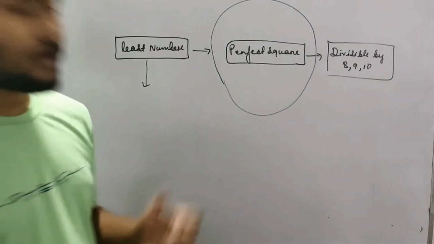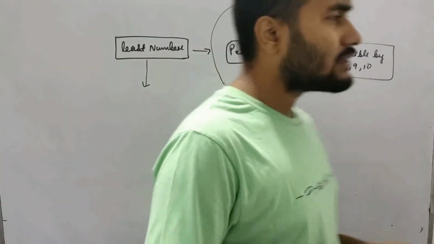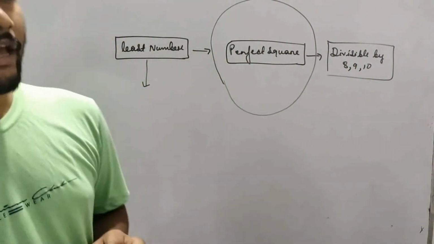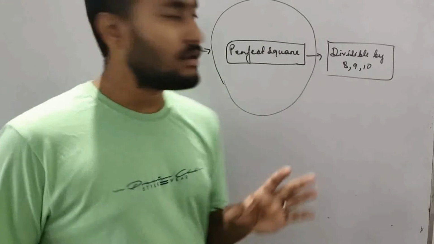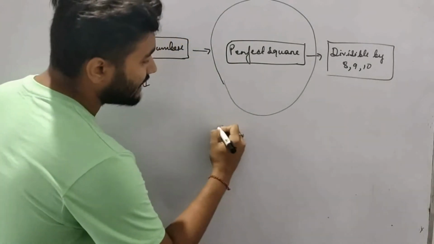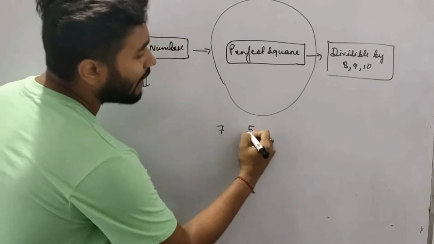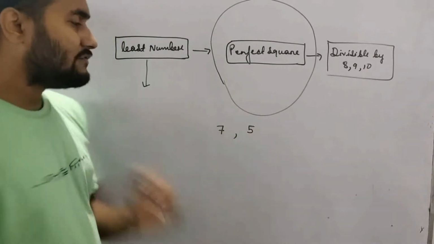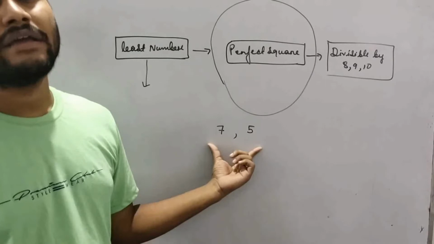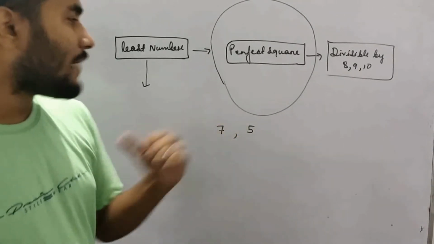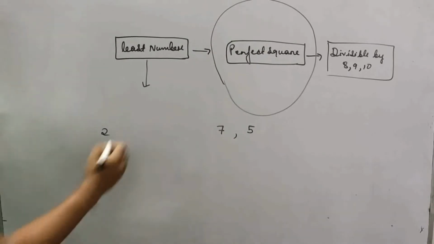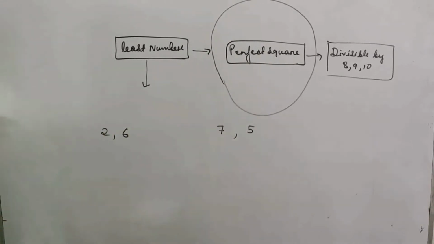Now you see, if I ask you a question, what is the least number? Listen carefully. What is the least number that is divisible by 7 also and 5 also? What is the least number that is divisible by 2 also and 6 also?